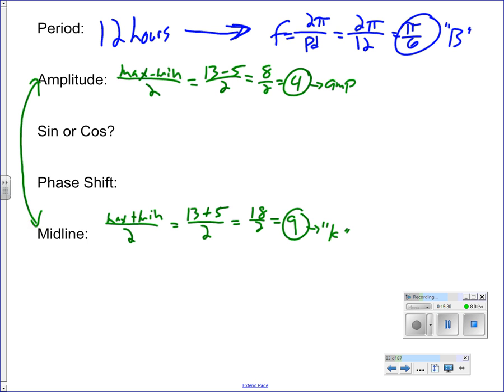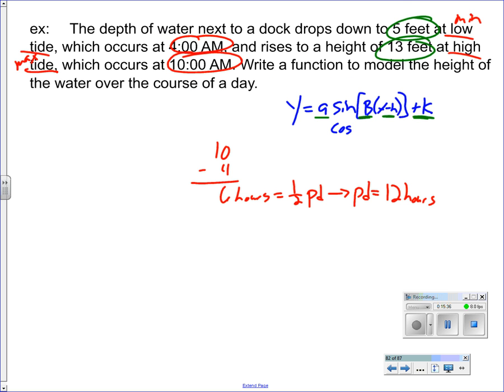So next thing we're going to look at is whether we're going to use a sine or a cosine function. This one's a little tricky. If we look at the way the problem's written, it says we're writing a function to model the height of the water over the course of a day, which means starting from 0 corresponding to midnight.